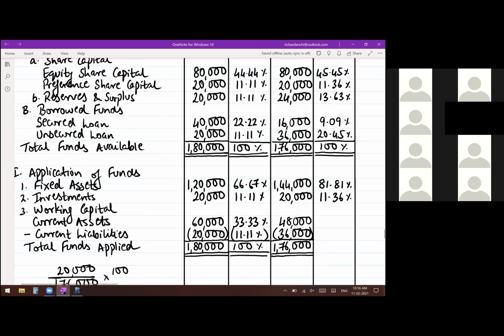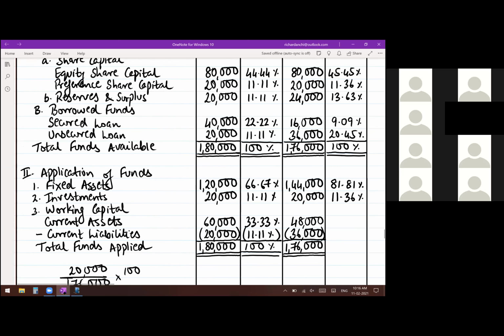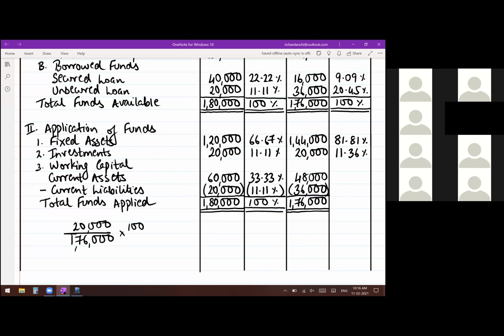Then the next item. Current assets 48,000 divided by 1,76,000 into 100. 27.27%. And then the last item, current liabilities, no need to calculate.